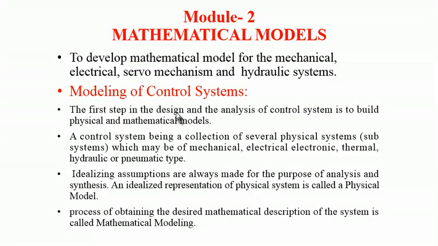A control system is a collection of several physical systems. Those systems may be mechanical, electrical, electronic, thermal, hydraulic or pneumatic. It may consist of any type of systems. So that is a control system.